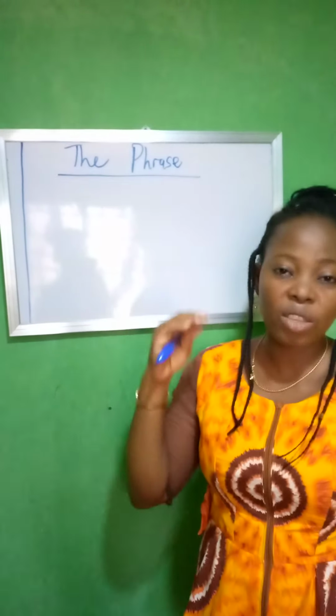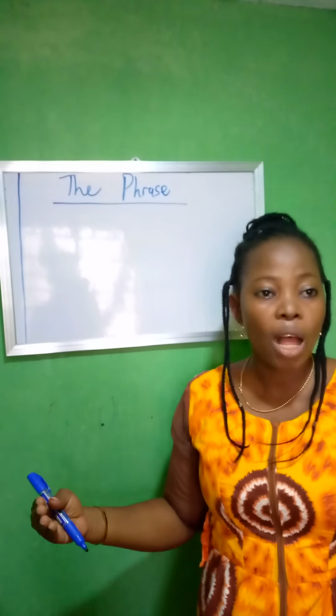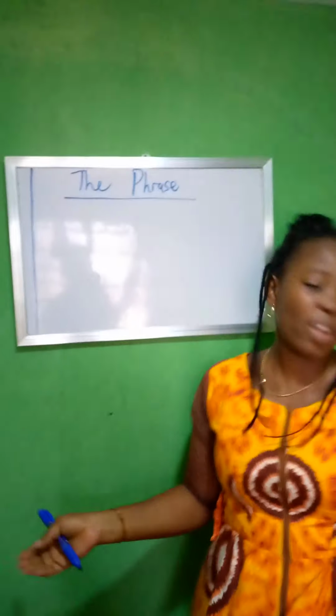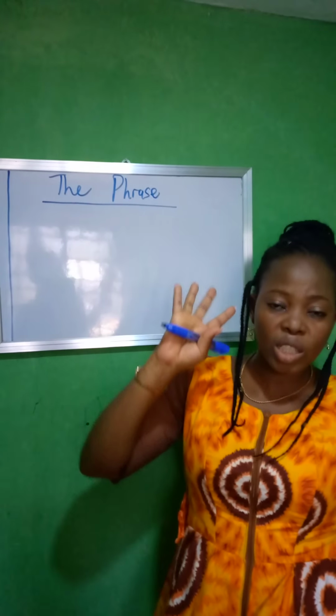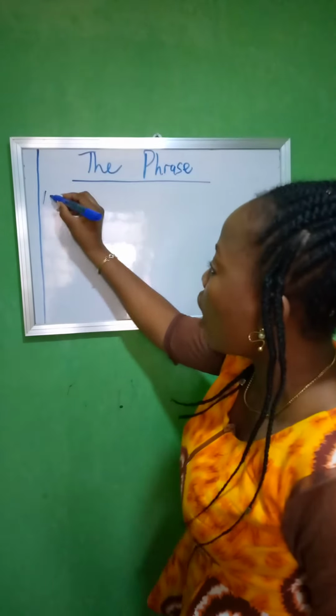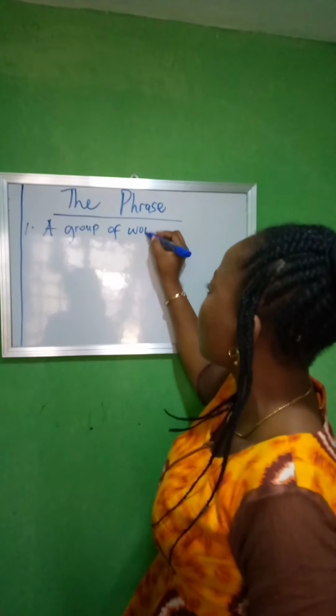So I'll quickly write the 3 things you need to have in mind when you need to remember what a phrase is. A lot of people struggle understanding what a phrase is. It is not difficult. It is just to remember the following, and I'm going to write them right now. Number 1, a phrase is a group of words.